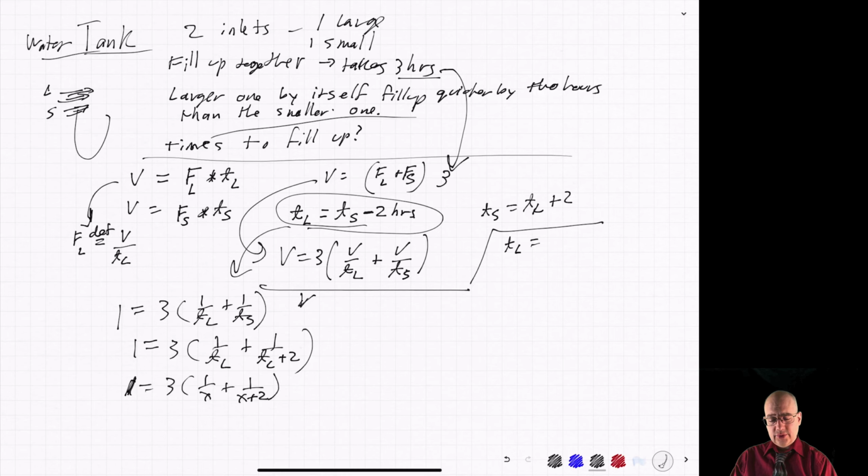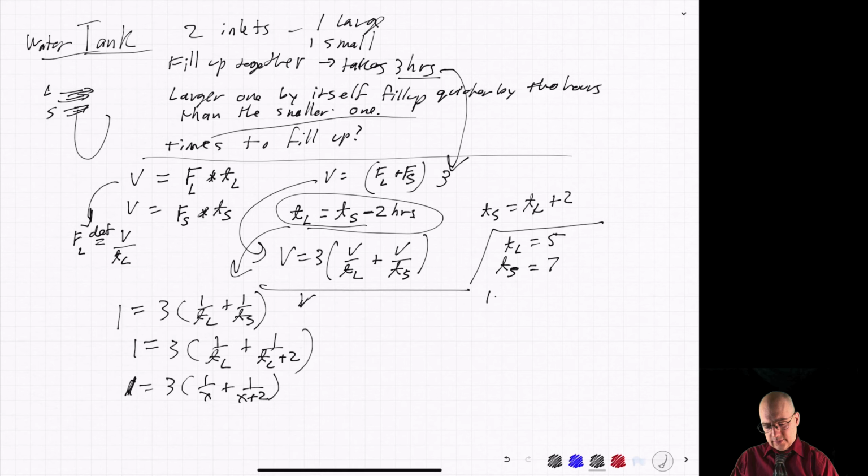There's a 2-hour difference in here somehow. So the smallest one would, I don't know, let's just try 5. It seemed reasonable to me. So the time of the small one is 7. Remember, the small one takes longer. So it's 5 and 7.